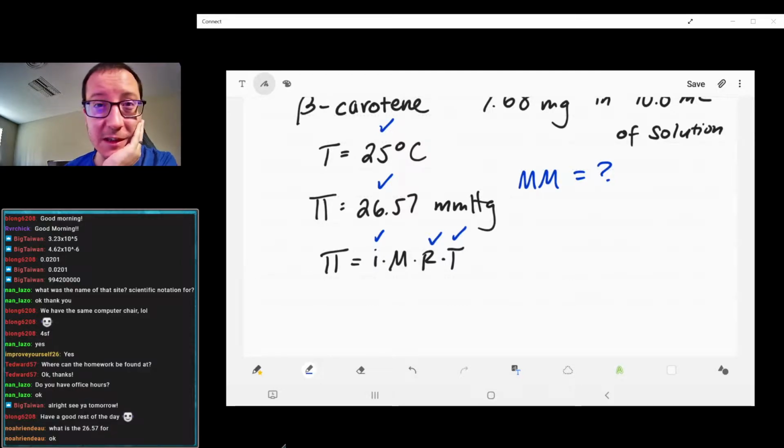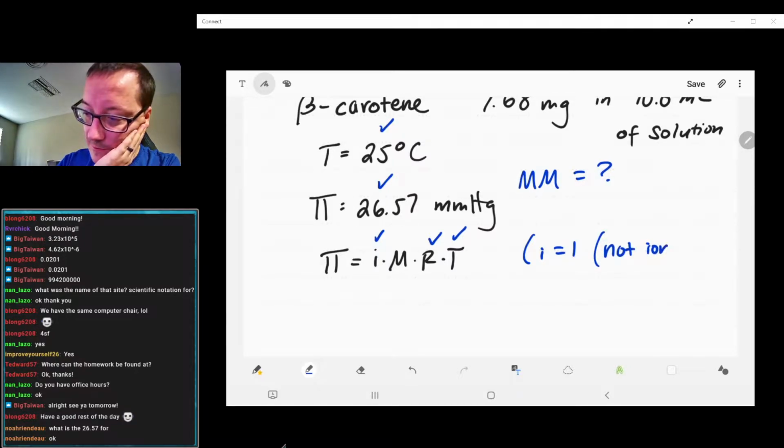So this is just going to have an i of 1 because it's a regular plain old molecular solid. Plus, if it's in benzene anyway, benzene is a non-polar solvent, so we're not going to have ions in either case.